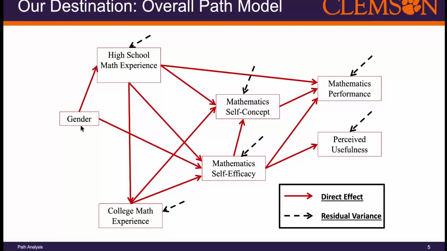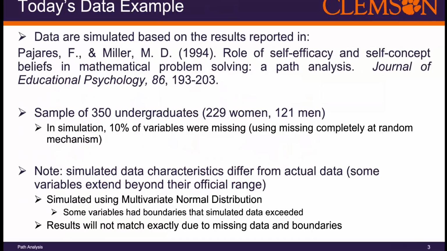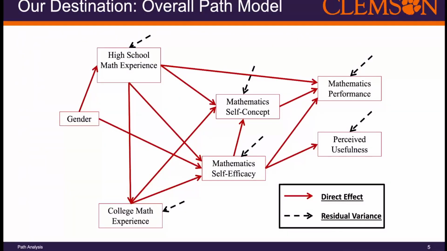That's an exogenous variable. Now, gender, in our case, we're going to use a binary variable to index gender. We know that people vary. The sample was roughly two-thirds women. So this varies naturally, but we're not describing why it varies.